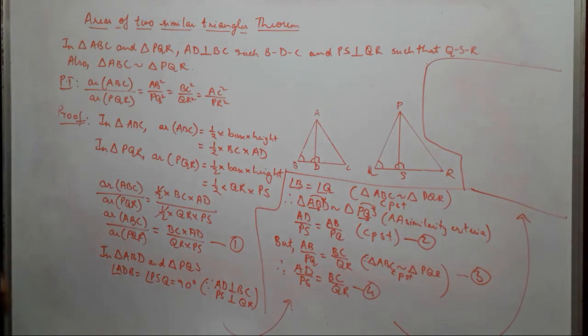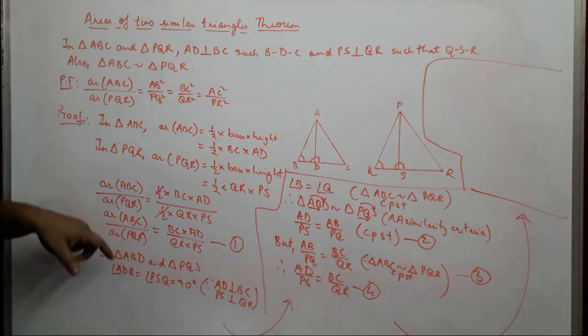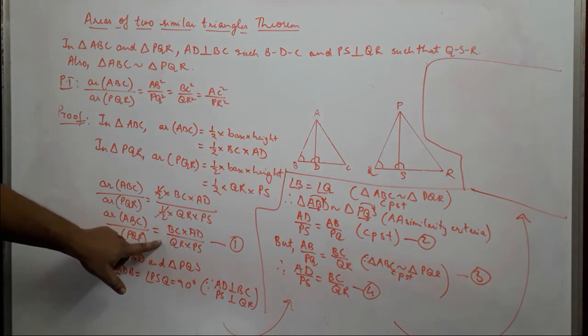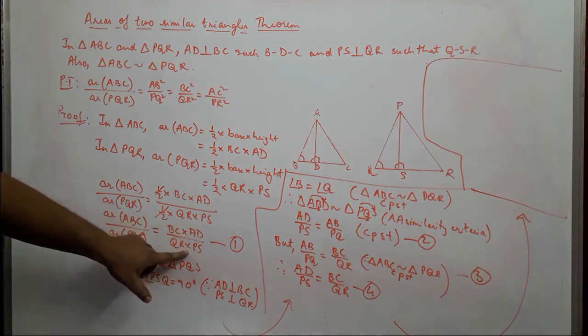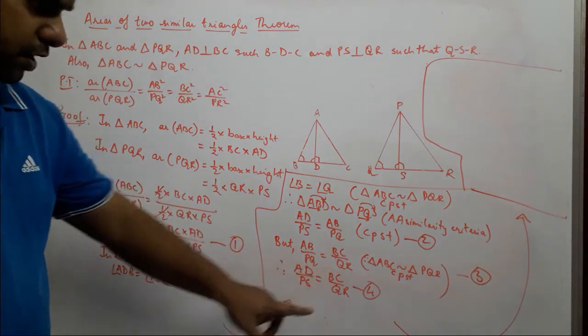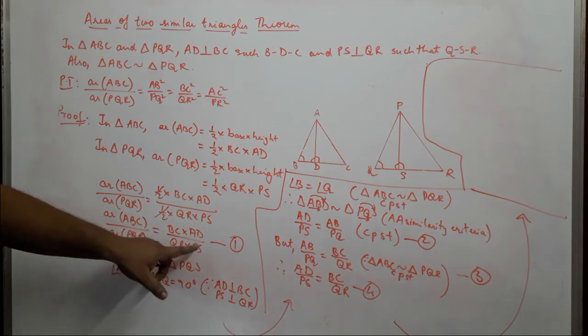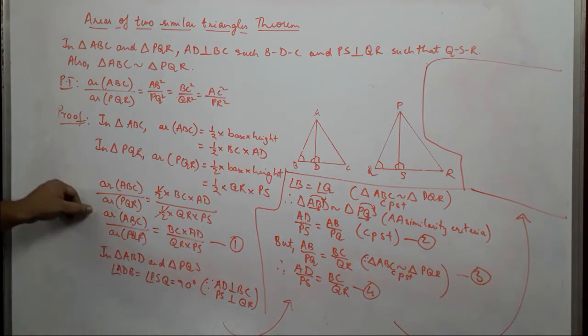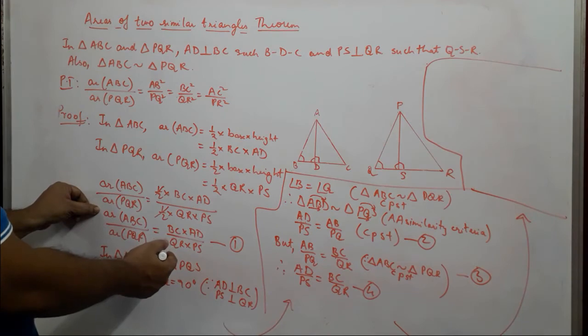Now AD upon PS is equal to BC upon QR. Here have a look at equation 1, which says area of triangle ABC upon area of triangle PQR is equal to AD upon PS. But if AD upon PS is equal to BC upon QR, that means we can substitute, which means substituting 4 in 1.